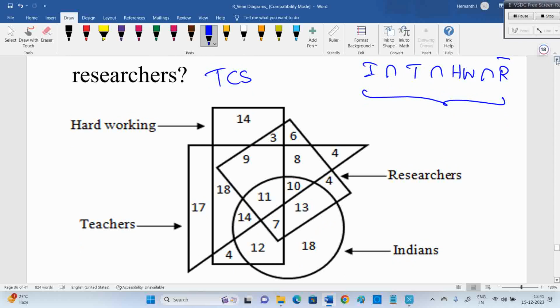First of all, where do these intersections exist? Indian means this circle. 14 is having Indian, the teacher triangle is there, and it is having the hardworking rectangle as well, but not having researcher. Good, so 14 is one.